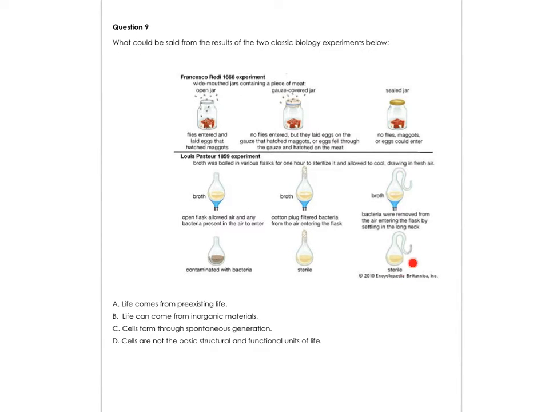And what he found was that the broth was sterile, so air was getting in, but there was liquid in this bent area. There was a trap here, and any bacteria, living things, got trapped in the neck. And so air could come in, but any living things would get trapped in the neck, and so the broth again stayed sterile, showing again that it wasn't that the broth was turning into living things.